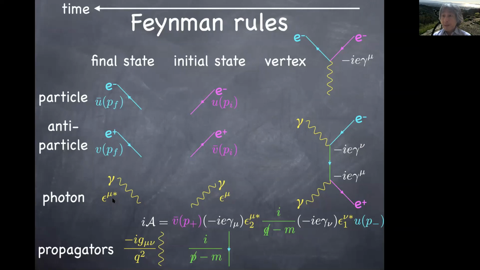And to contract two indices, one of them has to be an upper index and the other a lower index to make a Lorentz invariant contraction. So that's why I moved this upper index to a lower index, so that I can contract the index nu between this Feynman vertex and this polarization vector. Is that okay? All right, thank you. Okay. Any other questions on this example?